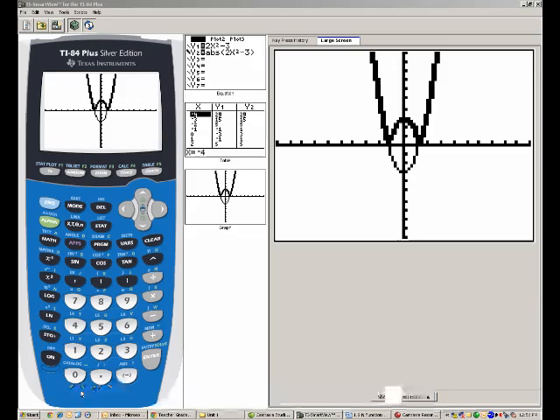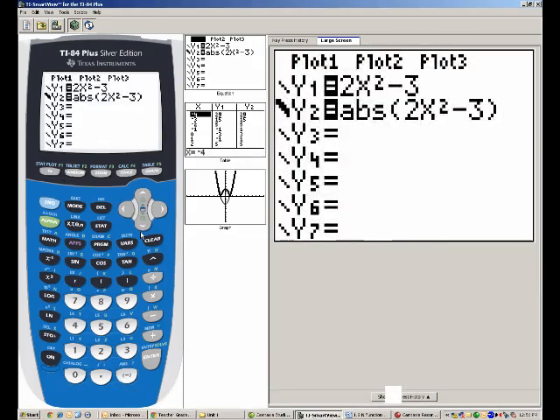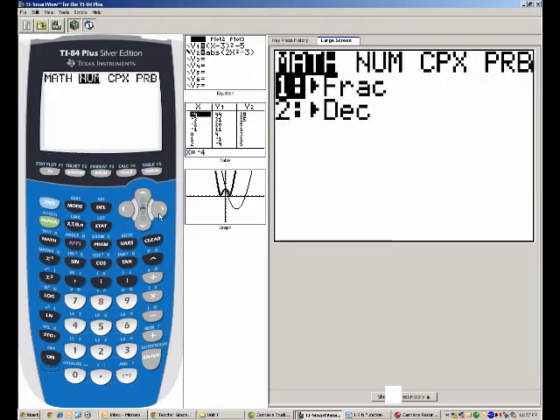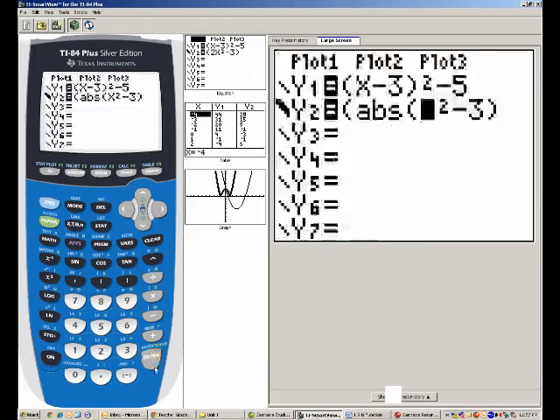So let's type in that new starting function, x minus 3 squared minus 5. Okay? And this time, I'm only putting the absolute value around x. So I need to open a parentheses. Math, number, absolute value.